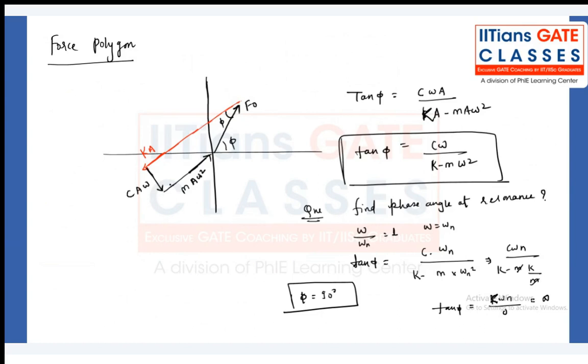Just note down each and everything direction-wise. And phi is nothing but the phase angle between the displacement and the F naught. From there, I told you I will be finding this phase angle. Phase angle: tan phi. What is tan phi? C A omega divided by K minus M A omega square, because what is this value?